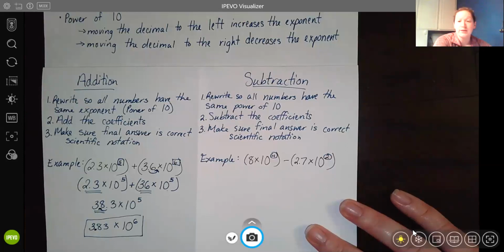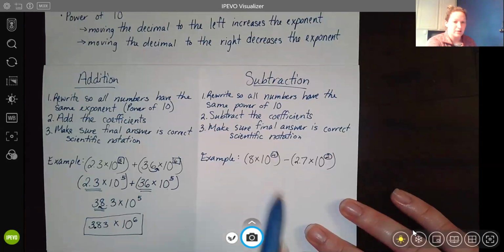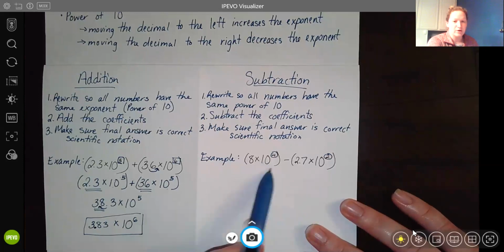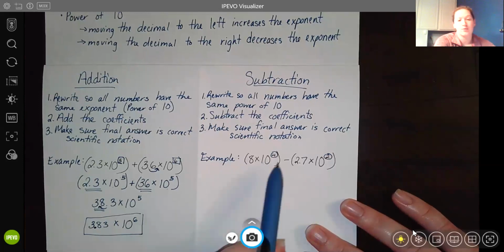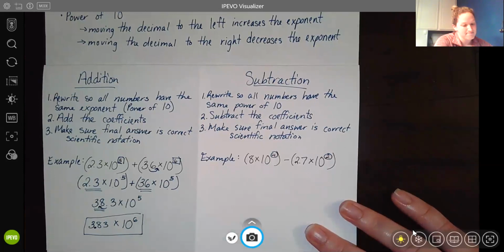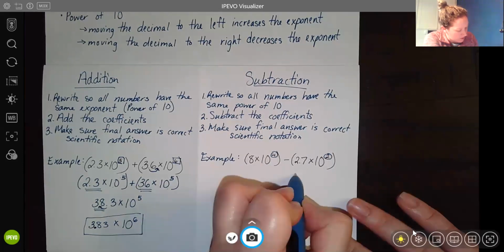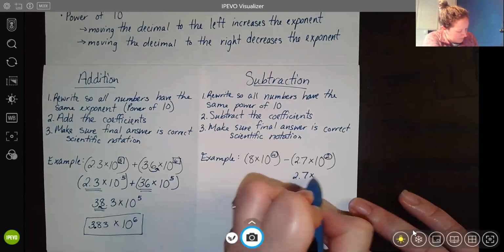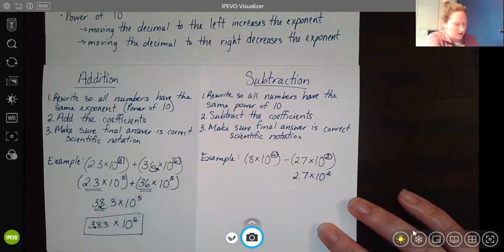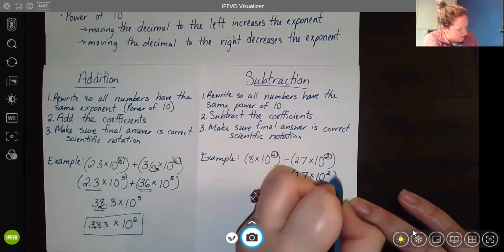Again, it's your choice. You can either rewrite this number so you end up with 10 to the power of 4, or you can rewrite this first number so that both of your numbers in scientific notation are 10 to the power of 2. For this example, I am going to make both of them 10 to the power of 2. I'm going to leave this one alone, and I am going to rewrite this first number.